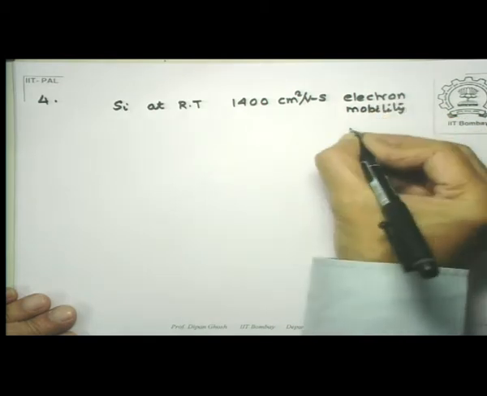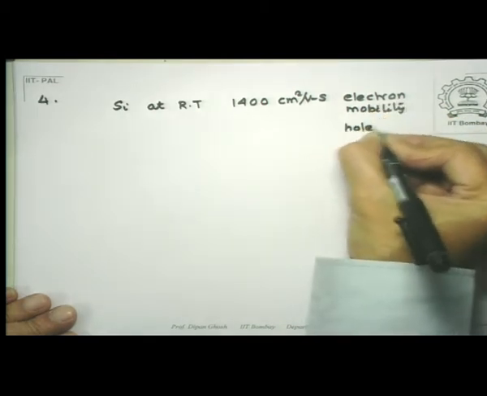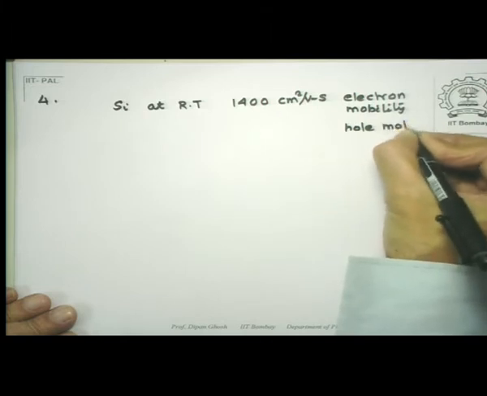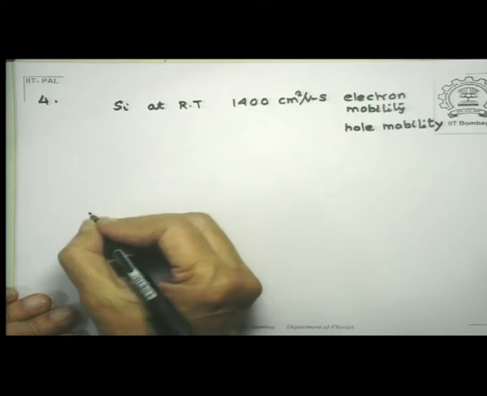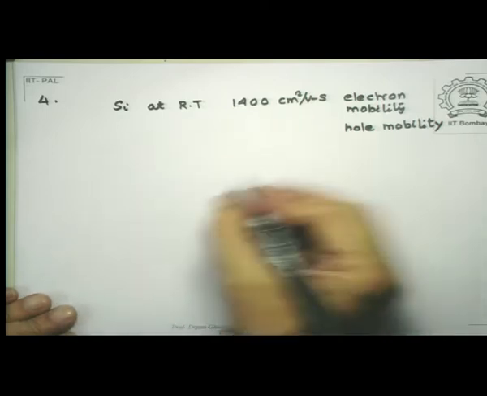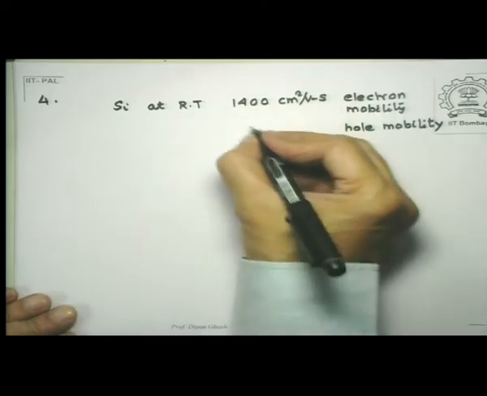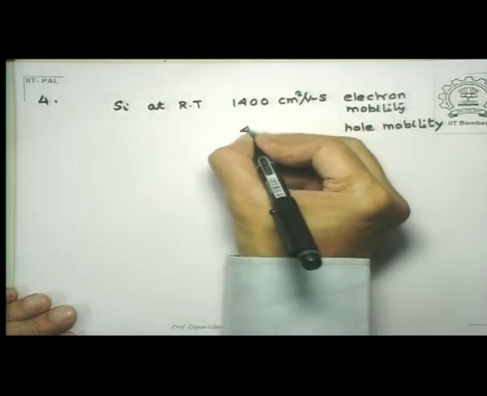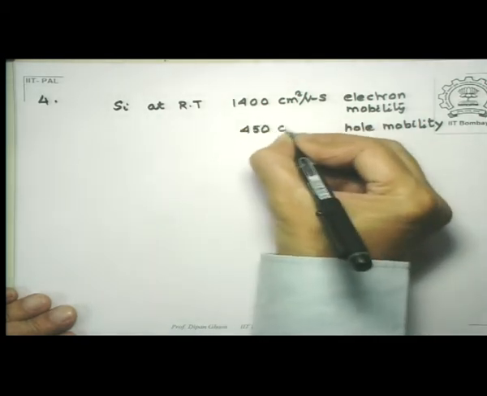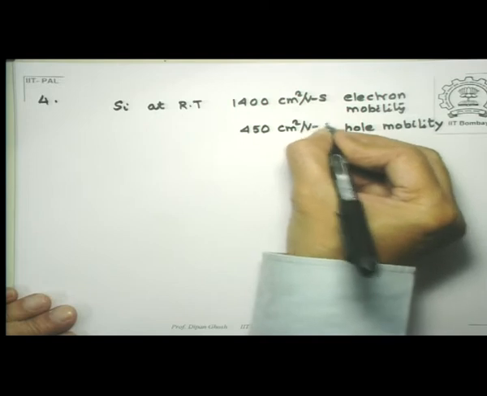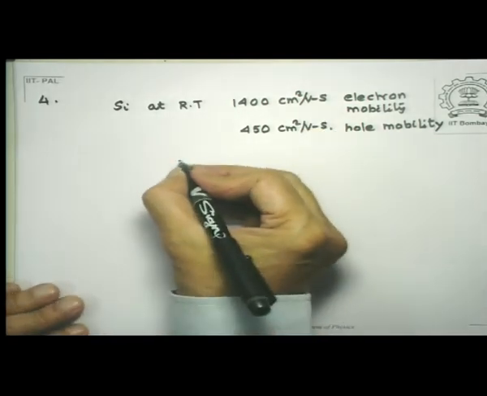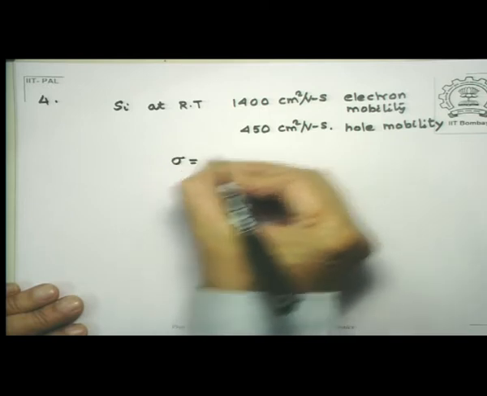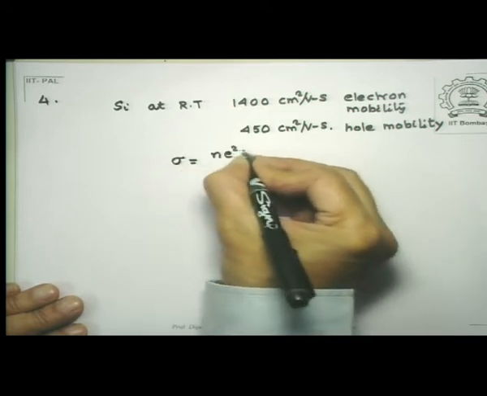And there is a thing called hole mobility, that is the mobility associated with the vacancies in a semiconductor, and for the case of silicon that is about a third of this value, about 450 centimeter square per volt second. Now recall the sigma expression. So sigma was n e square tau over m.